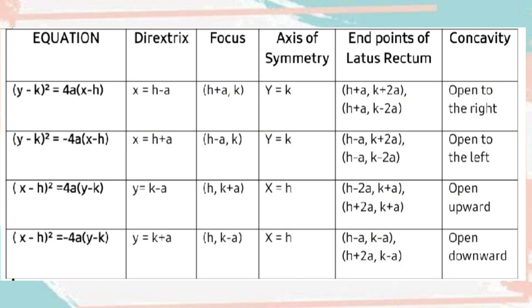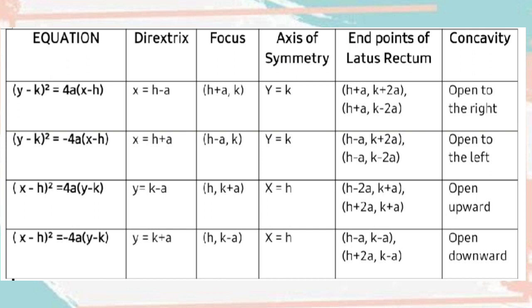Then the second is y minus k squared is equal to negative 4a times x minus h. As you can recall, if our y squared is negative, then the concavity is open to the left. Then the third equation is x minus h squared is equal to 4a times y minus k.